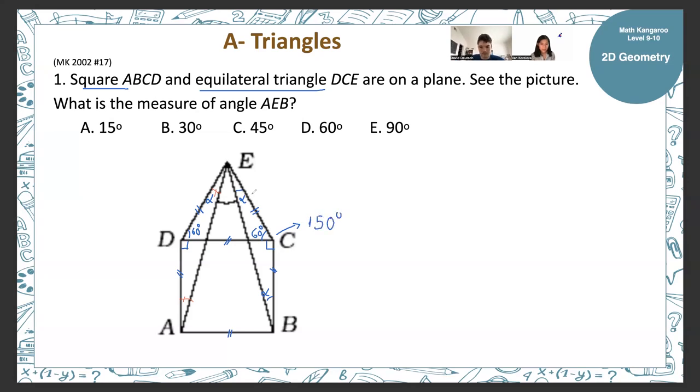So that means each of these is going to be equal to 15 degrees, so that they make up 180. And so have a 15 here, a 15 here, and DEC is 60 degrees. So the angle that we are looking for is 30 degrees. And a lot of the time for this question, you can just mark everything on the pictures without having to write anything. So that's 30.